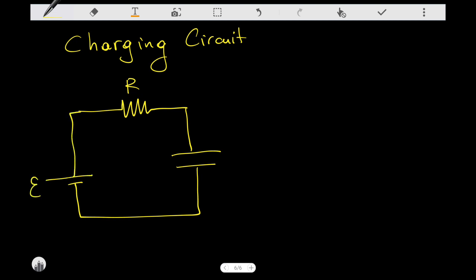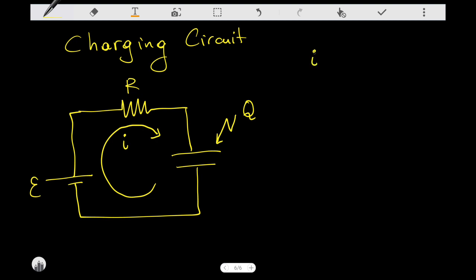We don't have a junction rule in here, so we don't have to write it down, but we have to write down the loop rule. And for this, of course, we have to choose our variables. So let's again do it as in the previous case. I'm going to call the current along that direction as I. I is my variable. And I'm going to call the charge on that plate as Q.